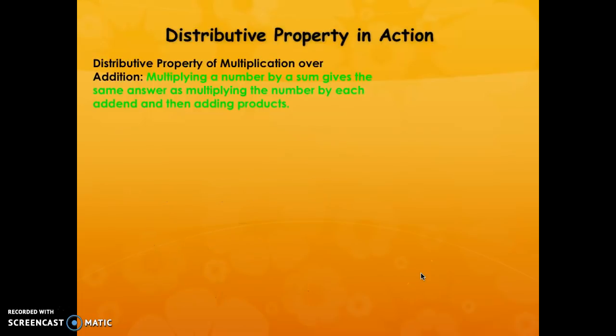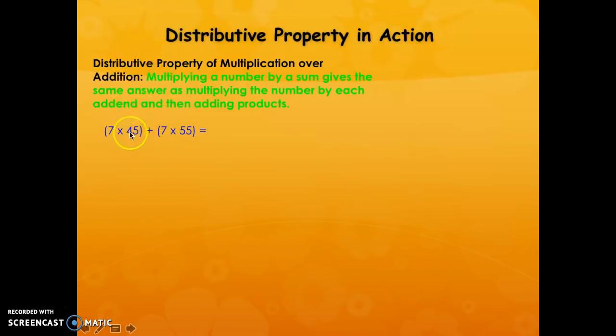The distributive property, let's look at that. So if I have a problem like 7 times 45 plus 7 times 55, notice that both of them are being multiplied by 7, and that's the only time the distributive property works.